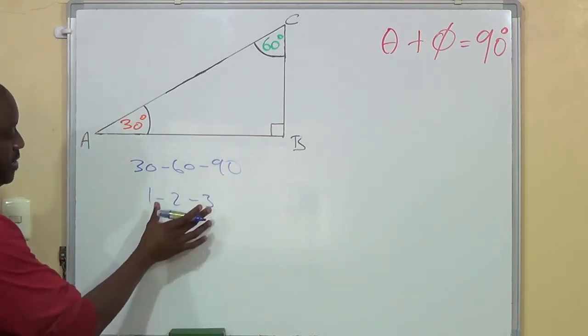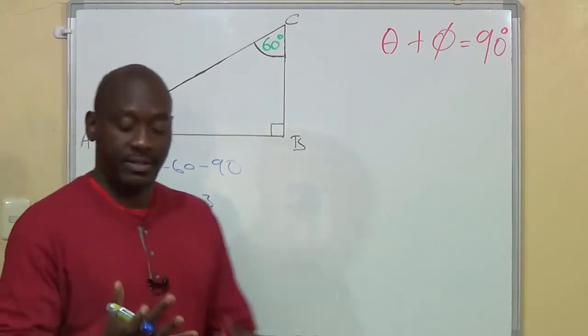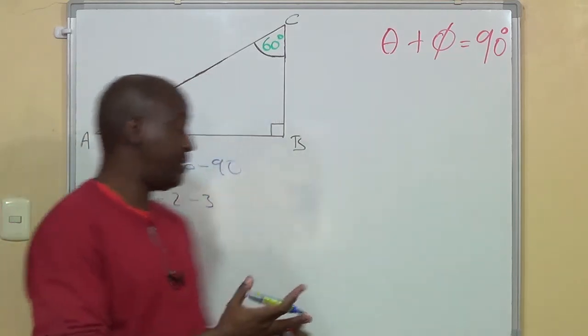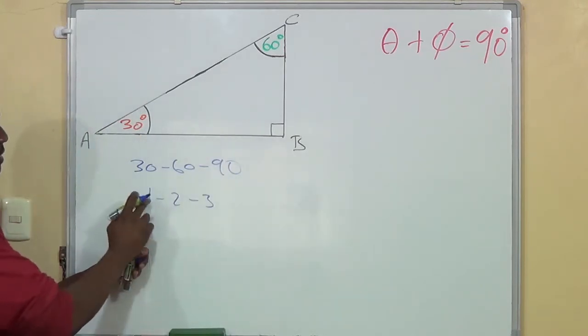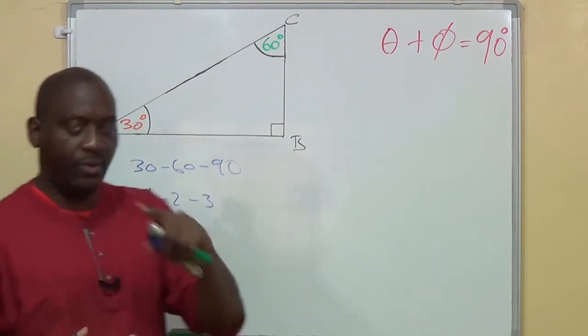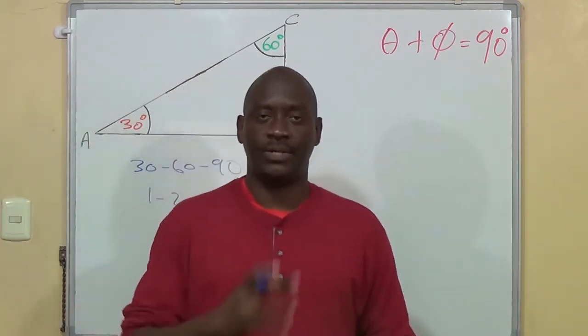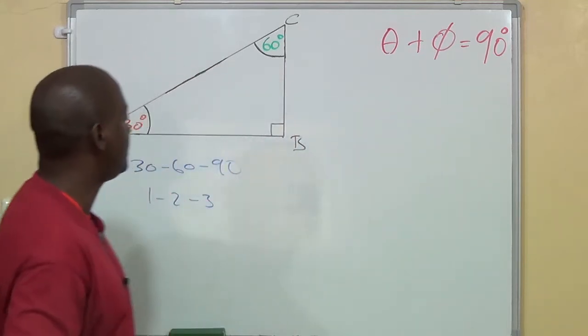This, of course, being the ratio of the angles, not the lengths of the sides, right? 30 by 2 is 60. This is your 30. 30 by 2 is 60. 30 by 3 is 90. So you have a 1, 2, 3 right angle triangle, and we'll do our next one coming up. But I want to use this one to explain certain things.